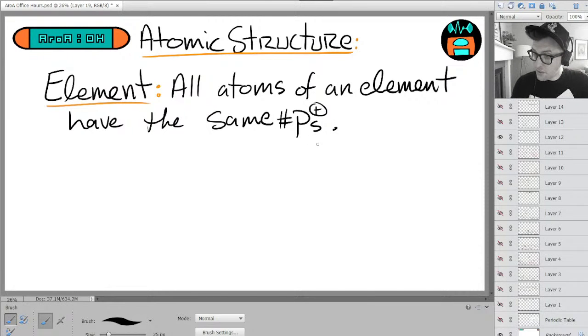But they don't have to have the same number of neutrons. This gives rise to something known as isotopes.